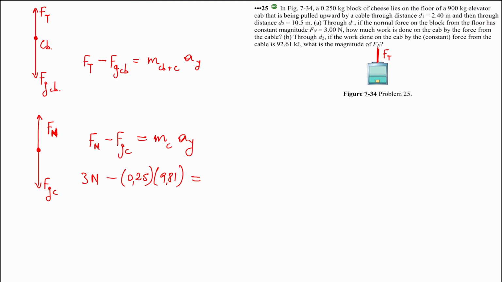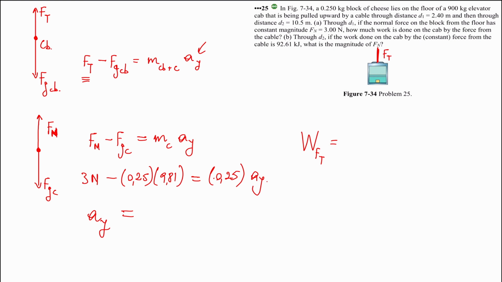And then we know again the mass of the cheese, it's 0.25, and then we can find what A sub y is. Once we find A sub y, we can substitute it back in there and determine what the tension force is going to be. And once we have the tension force, we would be in a very good position to find the work done by this tension force.